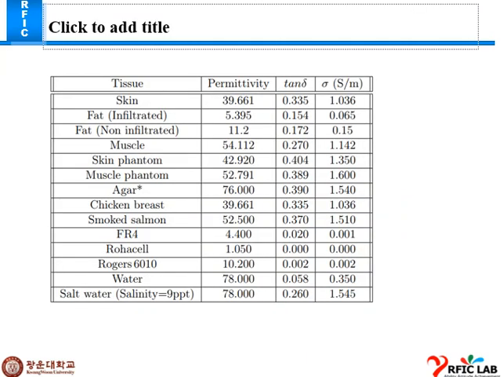This is one table from the thesis. In this table you can see the tissue, permittivity, loss tangent and conductivity. These are the various types of tissues and their permittivity, loss tangent and conductivity values.